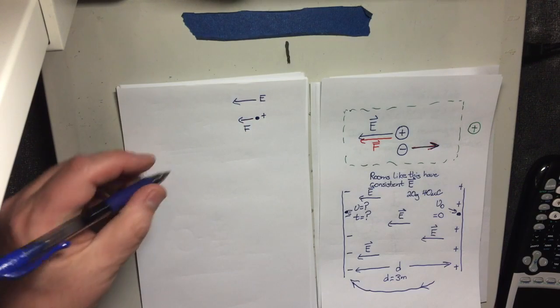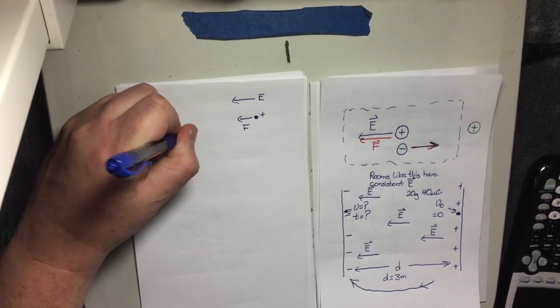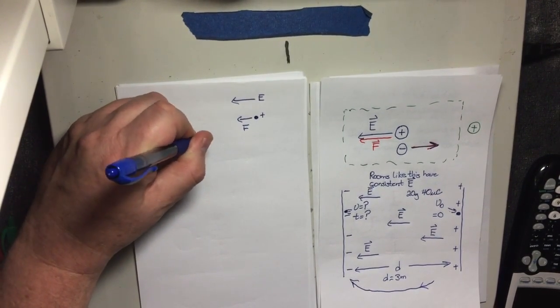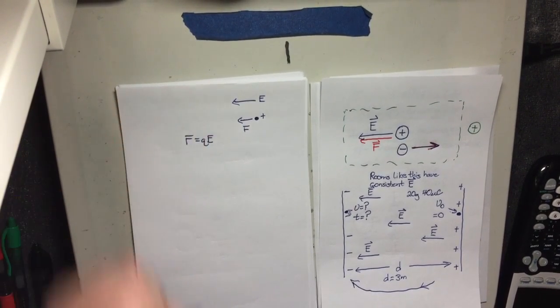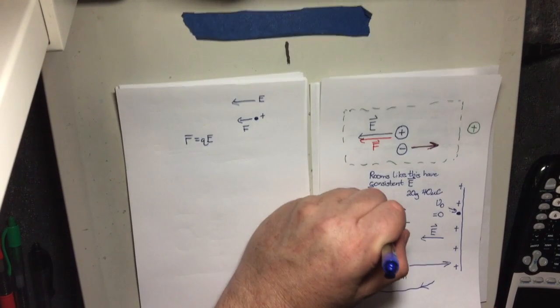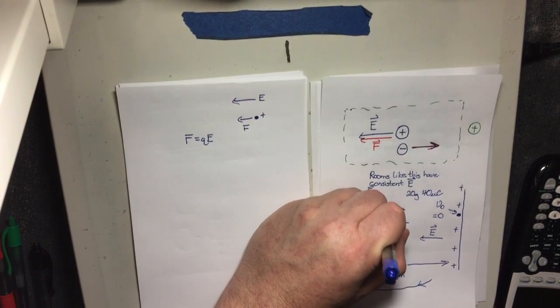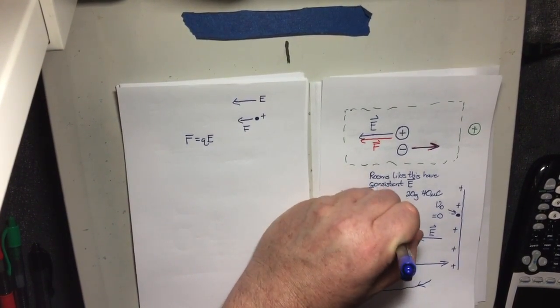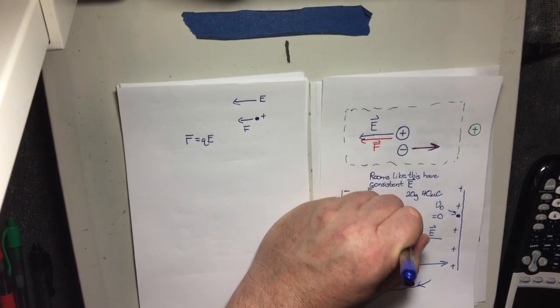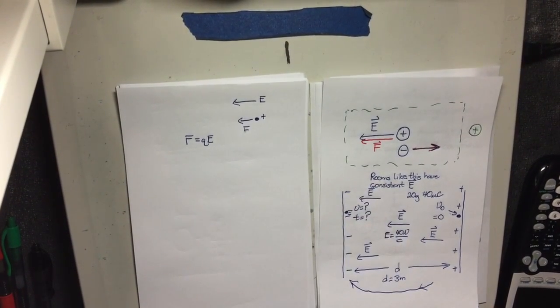So it feels a force. The force on that charge is related to the electric field, and I'm going to need to give you the electric field magnitude, 40 newtons per coulomb.